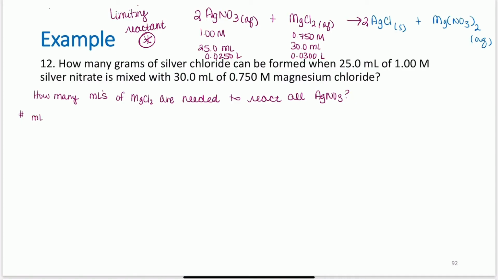So for this one, I'm going to say number of milliliters of magnesium chloride, MgCl2. If I react all of this silver nitrate away, how many mils of magnesium chloride, my 0.75 molar solution, will that take? I have 1 molar silver nitrate, which is the same as 1.00 moles of silver nitrate in a 1 liter solution.